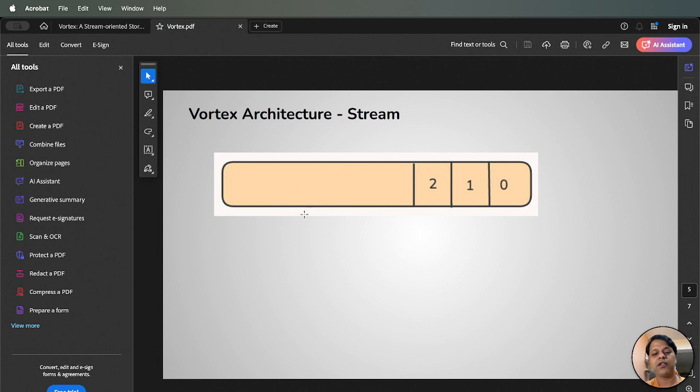If they try to write simultaneously to 2, it will fail. That is how these offsets are calculated based on the number of rows, so that multiple clients in parallel can write to these streams.